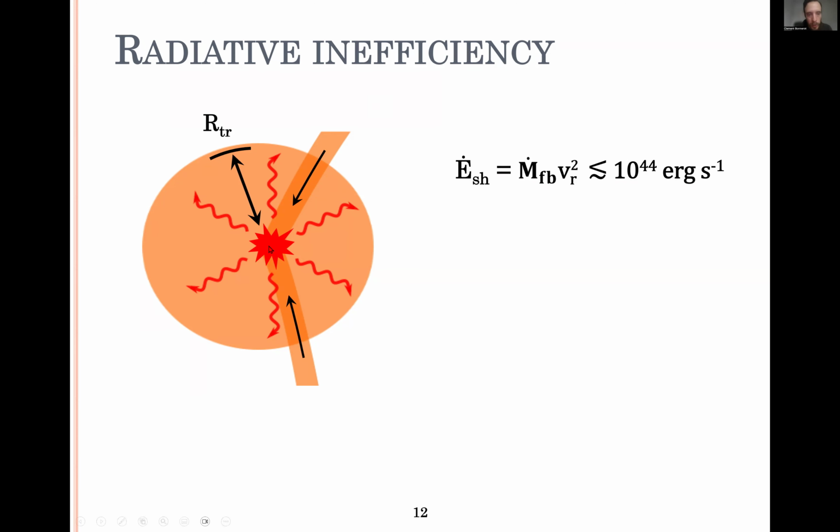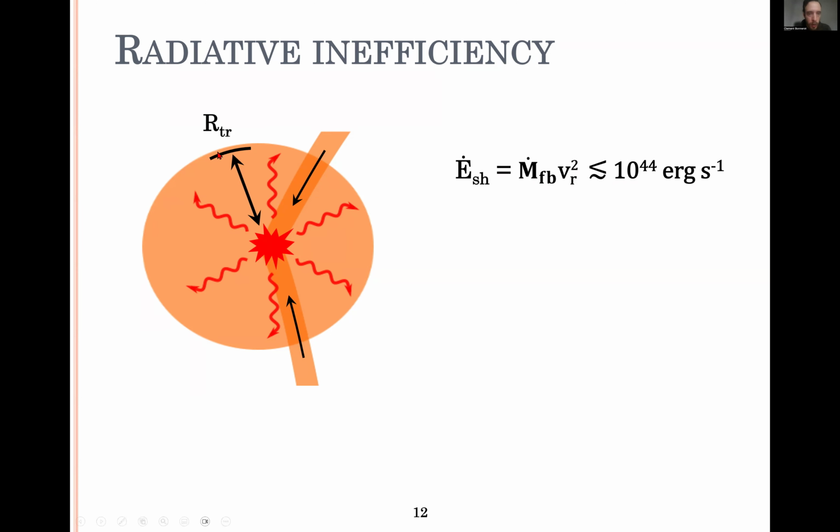And essentially, the main point is that when photons are being trapped, starting from when they are produced to this trapping radius, they are actually doing work on the gas due to radiation pressure, and so they are losing energy.